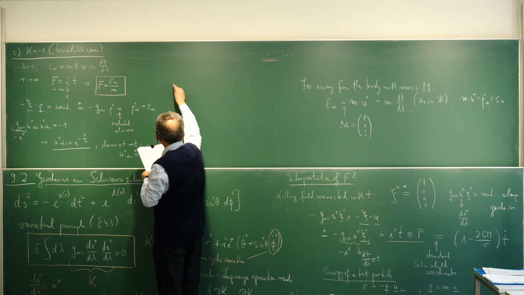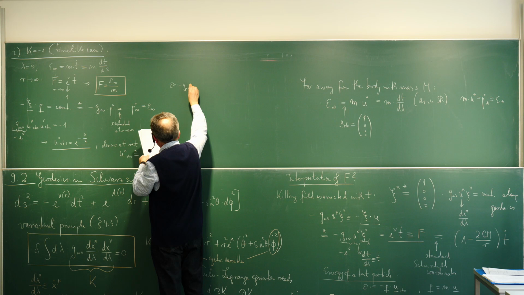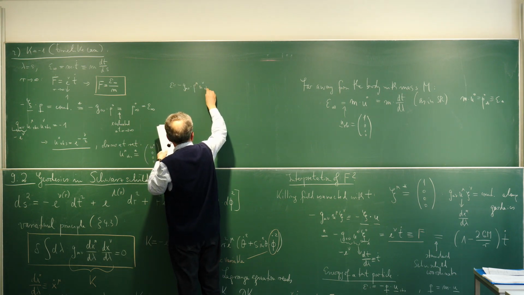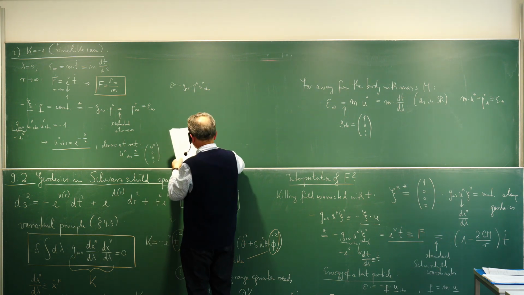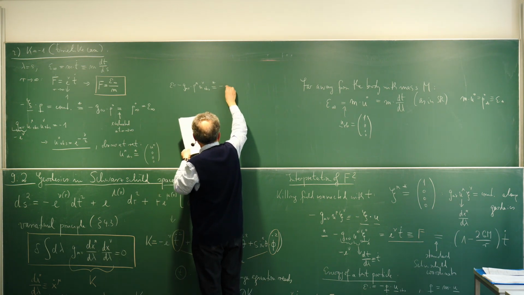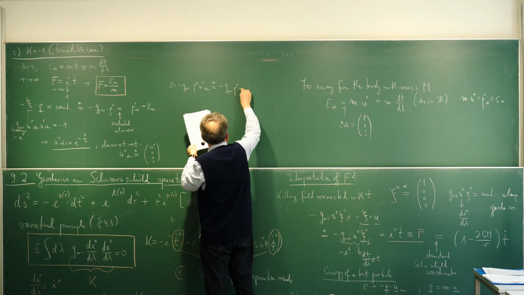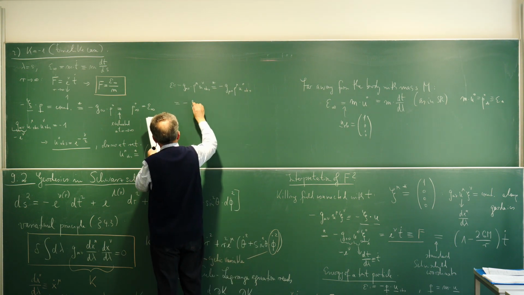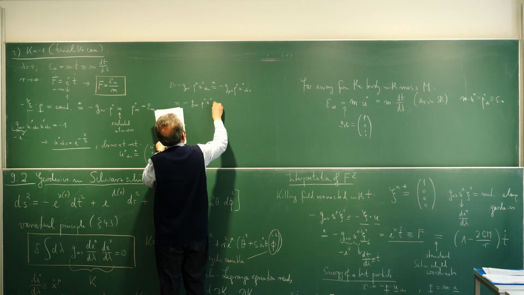So observer at rest, u mu observer is, in that particular coordinate, 0, 0, 0, 0. Now the energy epsilon is minus g mu nu times p mu times u nu observer. This is what we had earlier on, and so in the particular coordinate system, this is minus g mu 0 times p mu u0 observer, which is minus g00 p0 u0 observer.